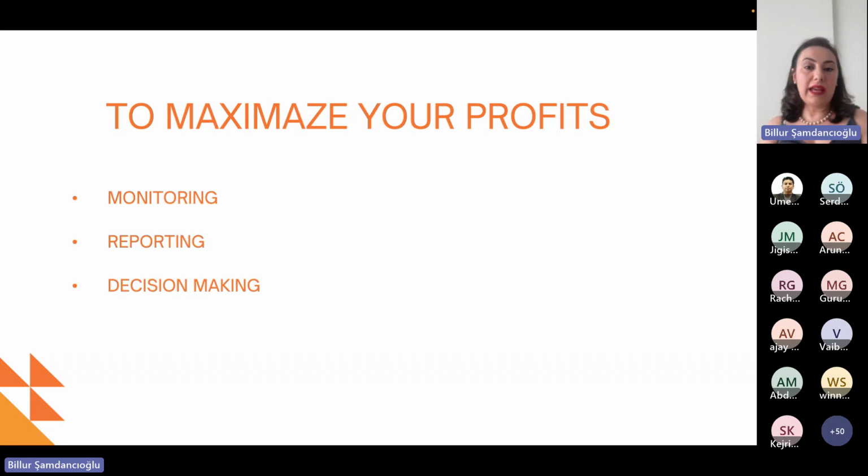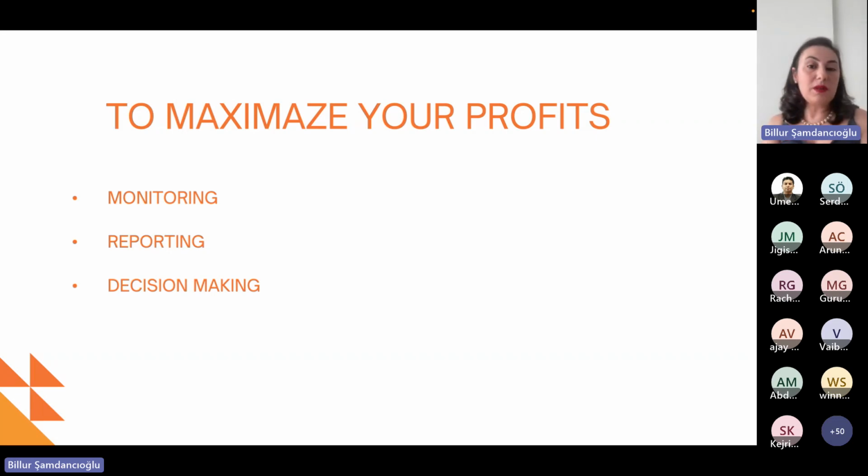For reporting purposes, it's too late when you come to the end, because costs and cost reporting are very important for your profits. You have to know what your cost is to decide on the prices. If you are doing it at month end, you may find that you have been selling all those items without profit or with a loss. So in the end, after checking the reports, decision making depends on us.